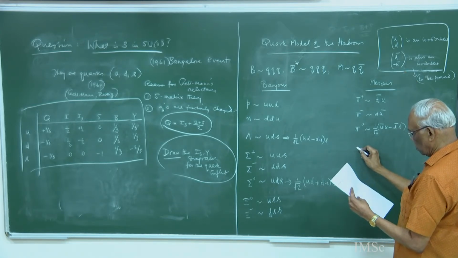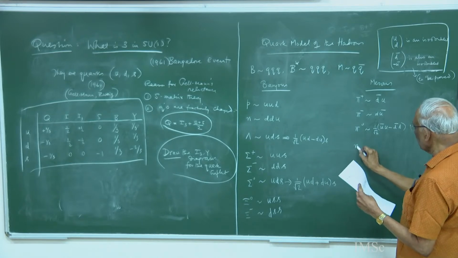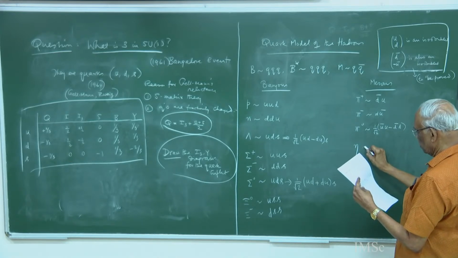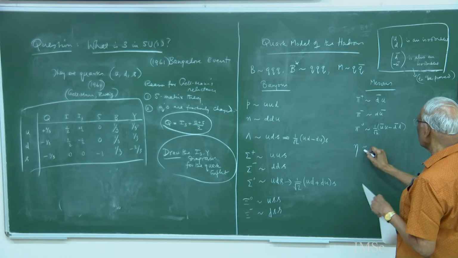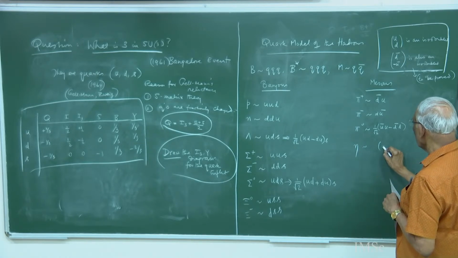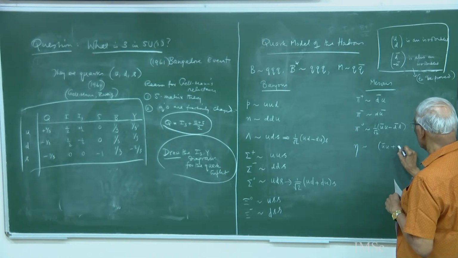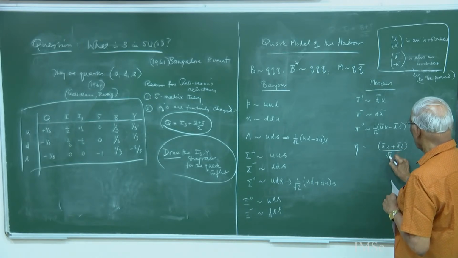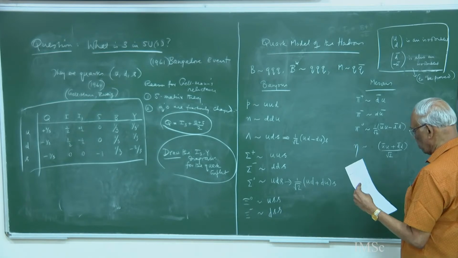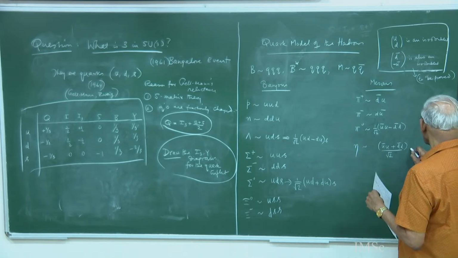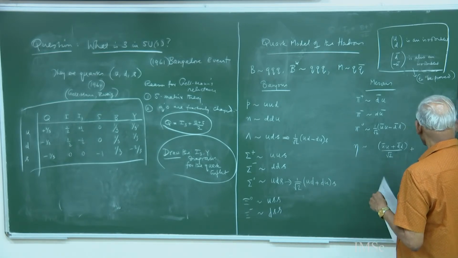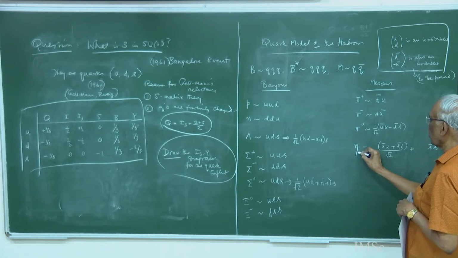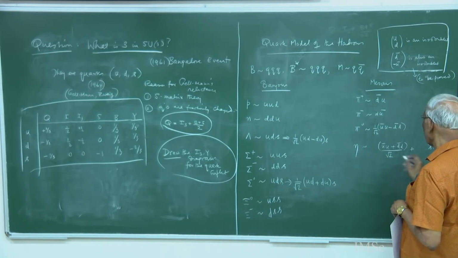Next I have to write eta. Eta by the same token has I equal to 0, so the I equal to 0 part has the plus sign now. But it turns out that this is not enough, because s bar s also has all the same quantum numbers, so you have to add that.